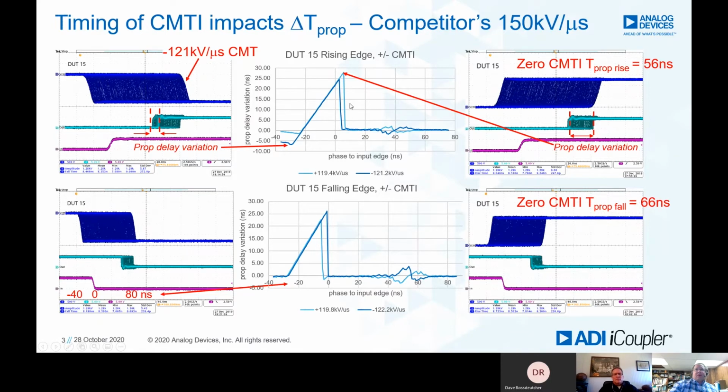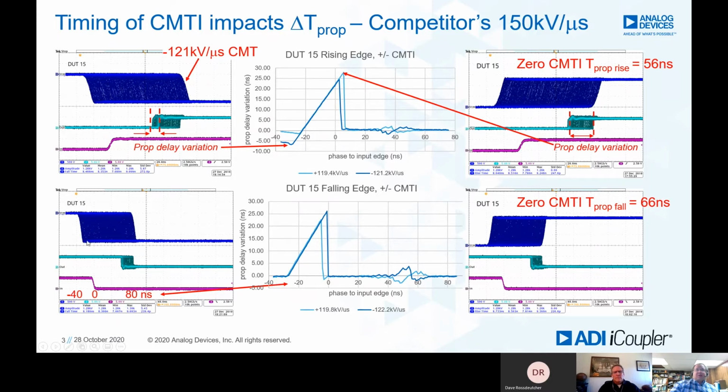So here, in the center plots, with the timer we're able to record the deviation in the timing based on when we applied the particular common mode transient. The time scale for the phase is relative to the input edge, so that's right here. And you can see that we're stepping through from minus 40 nanoseconds to 20 nanoseconds after the transition, so to 80 nanoseconds here.